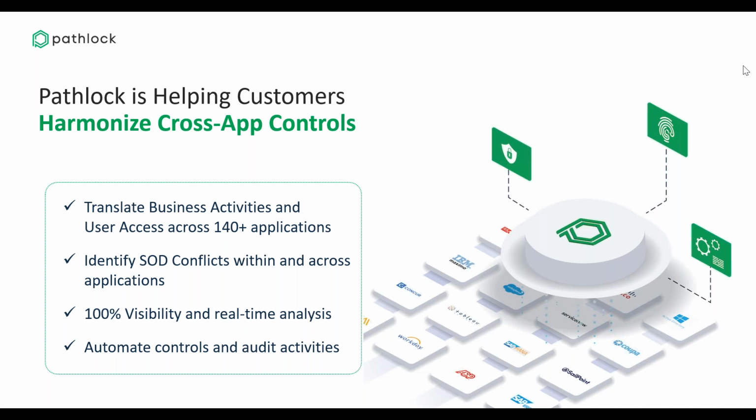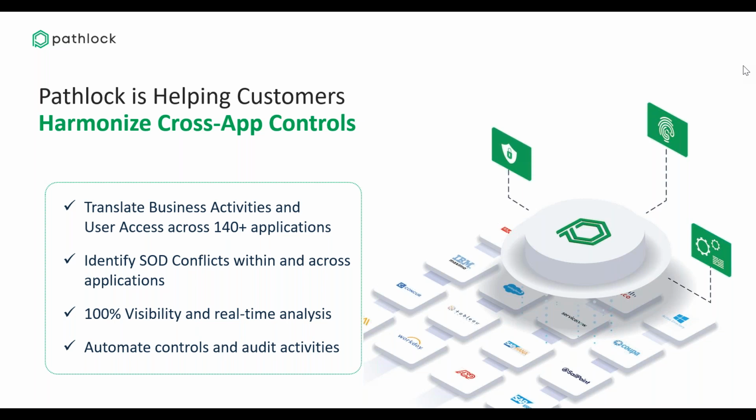So you wanted to do one more quick overview of a path lock, and then we'll get into the more exciting stuff, which is a little bit of a demo preview for you. So yes, what we're doing here is helping harmonize these cross-app controls. And again, this is looking at the user access risks and the application risks across all of your applications, 140 or so.